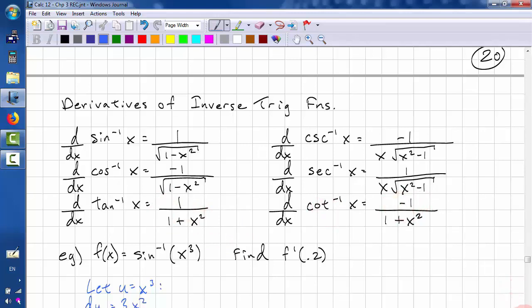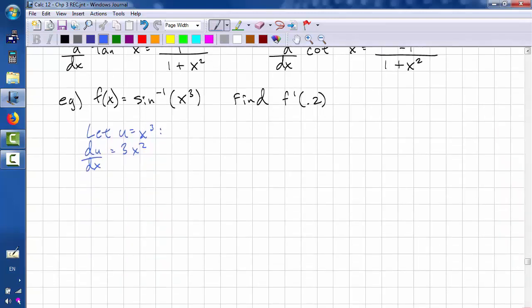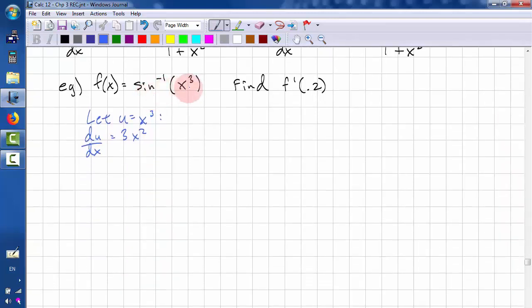Okay, let's look at some examples. We have inverse sine of x cubed. So substitution, let u equals x cubed. The derivative of u with respect to x is 3x squared. F prime of u, take the derivative with respect to x, inverse sine u, and then we need to multiply this by du/dx because it's a chain rule. We have a composition.